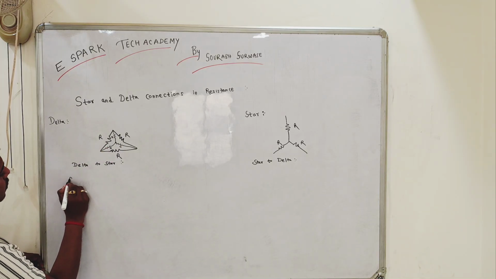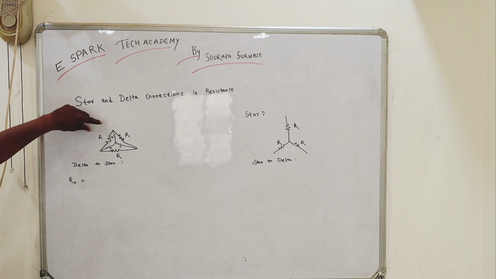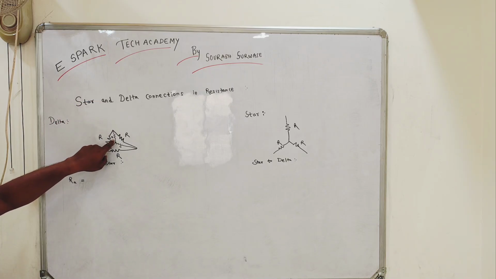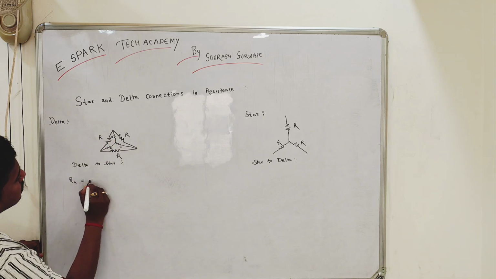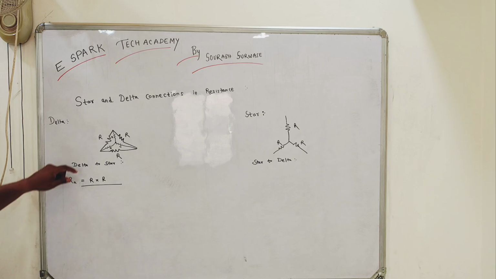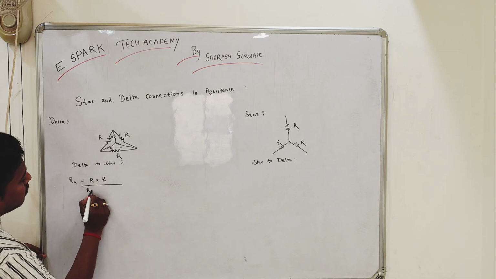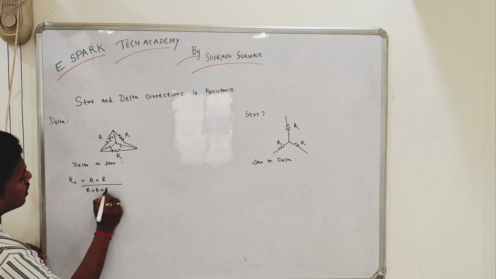Now in order to calculate RA, you will just multiply these adjacent resistors which are connected to the element A, means resistor RA. Now R into R divided by the addition of all the three resistances, R plus R plus R.